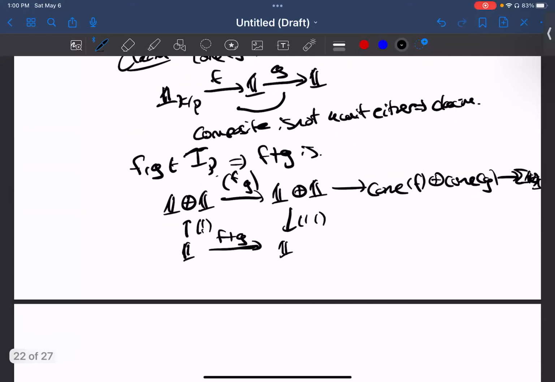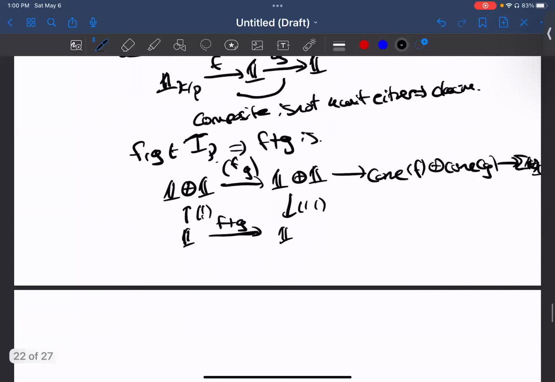All right. So again, we can use the idea to work locally.